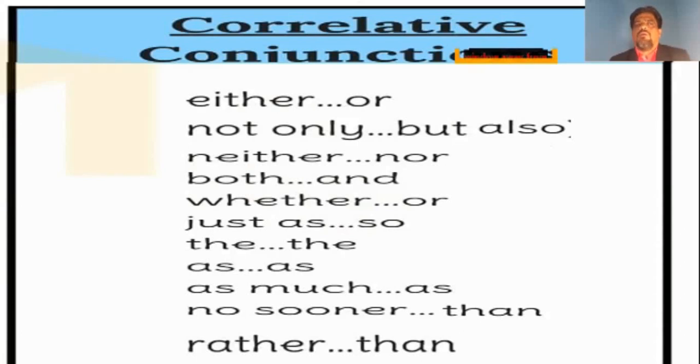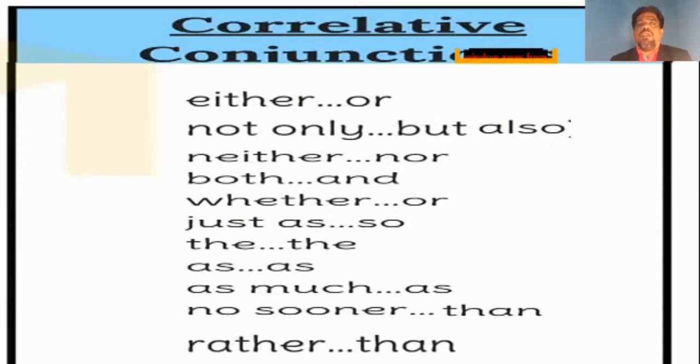And now comes the correlative conjunction. From coordinating conjunction we can move to correlative conjunction. And these correlative conjunctions, you may remember as paired conjunctions, because we may find pairs of words that act like a single conjunction.